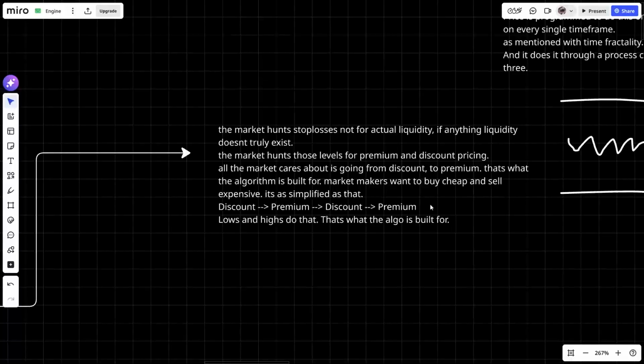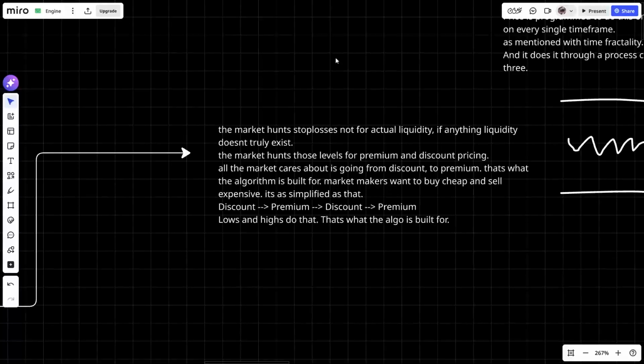It's as simplified as that. If you're a bank, if you're BlackRock, if you're one of those big guys, you don't want to buy when price is at an all-time high. That's what the engine is for. The engine says, okay, we're extremely expensive, let me retrace a little lower so that price is cheaper.